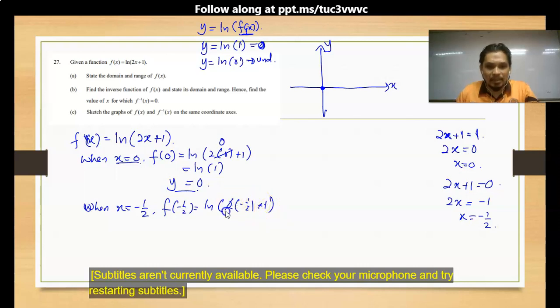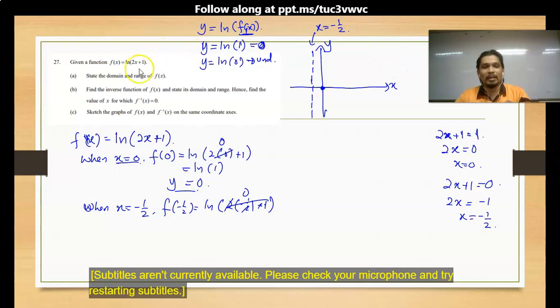Okay, 2 divided by 2 equals negative 1, negative 1 plus 1 equals 0, then natural log of zero is undefined. So when x equals negative half, somewhere around here, this is the line of x equals negative 1 over 2.